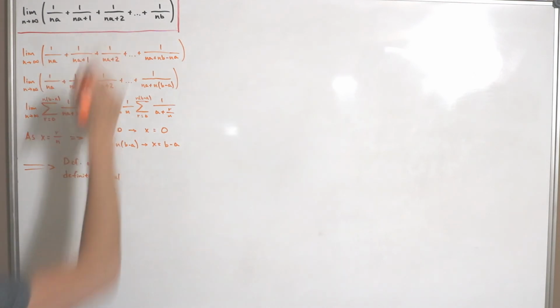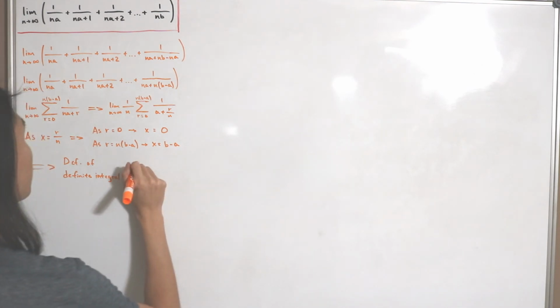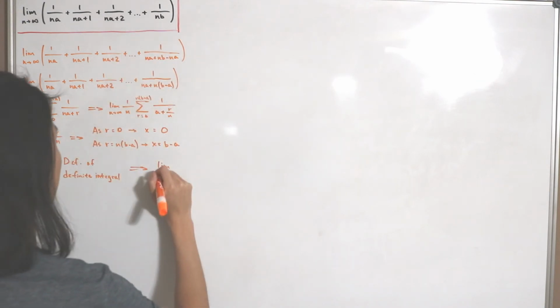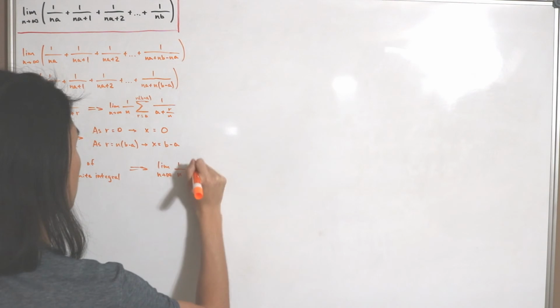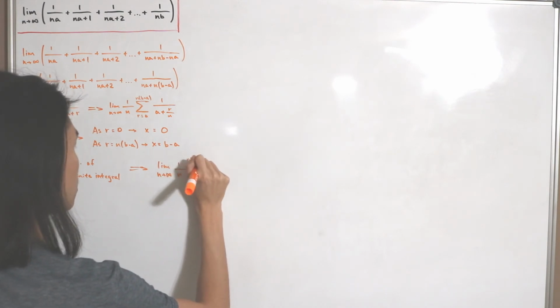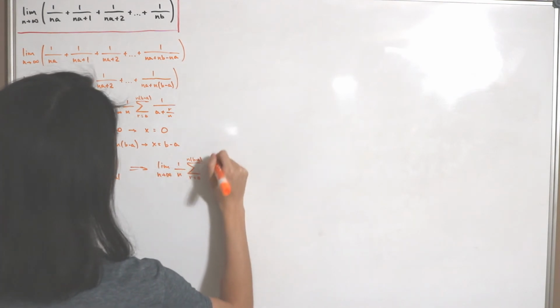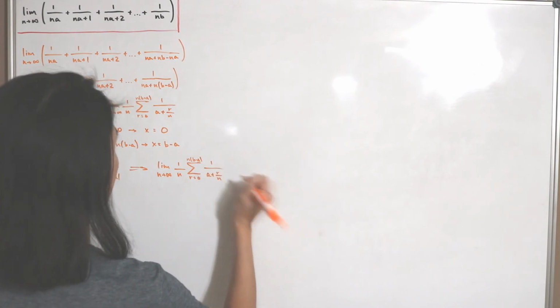we can convert our limit of the sums into the following integral. I'll rewrite the original: the limit as n approaches infinity of 1 divided by n times the partial sum, r equals 0 of 1 divided by a plus r divided by n.